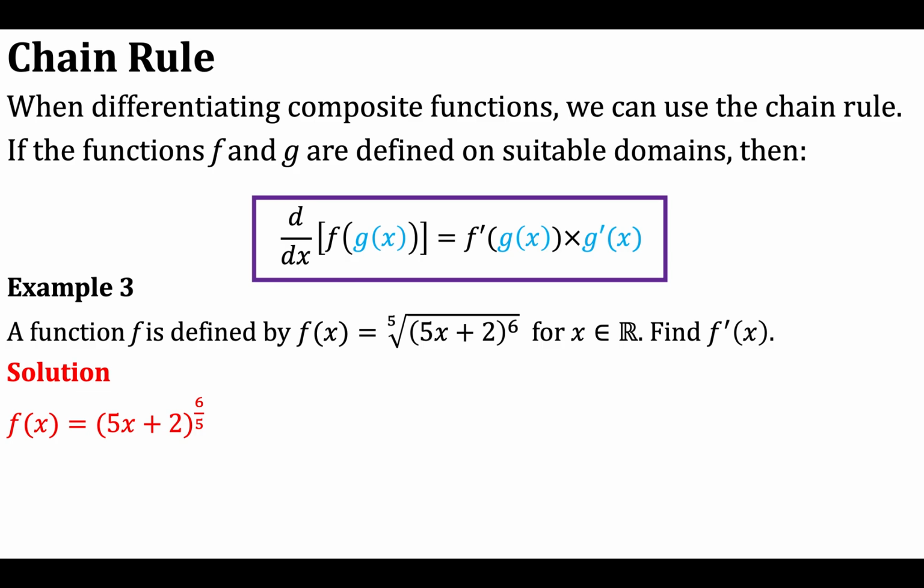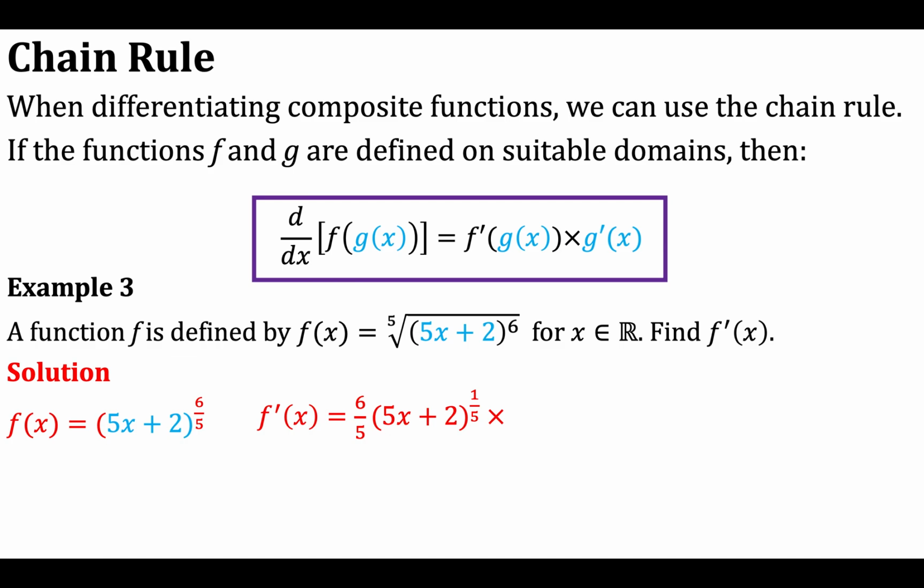Now our outside function here, if you like, that is the part that's raised to the power 6 fifths, and the inside function that up here we were referring to as g of x, that is the 5x plus 2. So if we start to differentiate, f dashed of x is equal to 6 fifths times (5x plus 2) raised to the power a fifth.